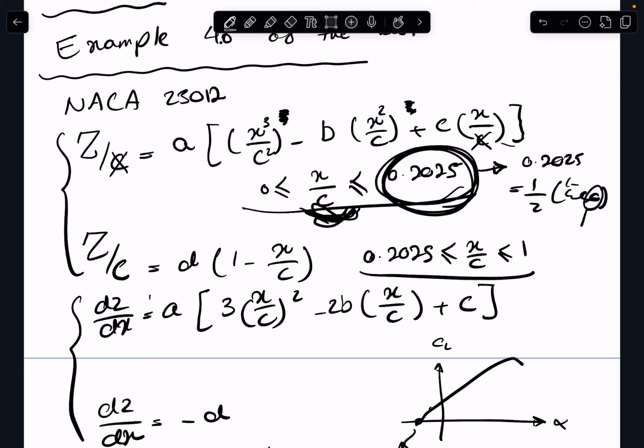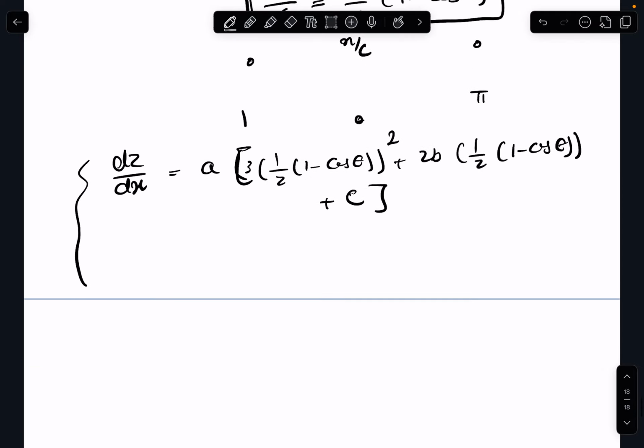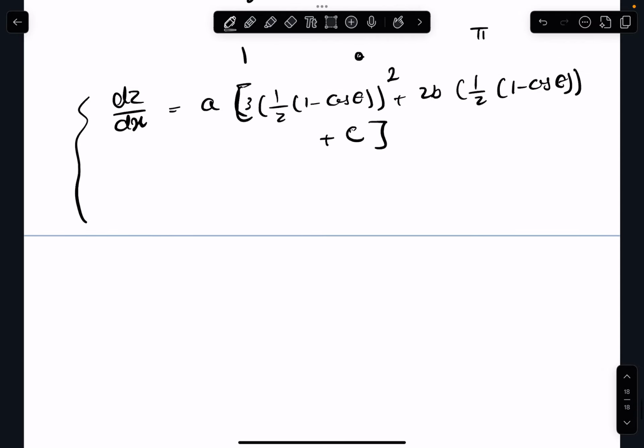So we can find the new theta to be 0.9335. So the first equation is true for thetas that are between 0 and 0.9335 radians.